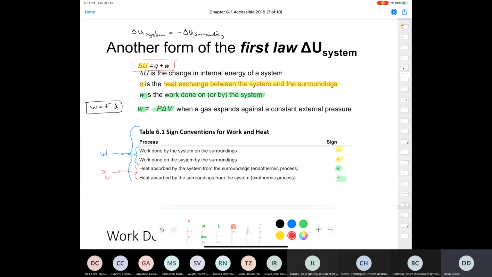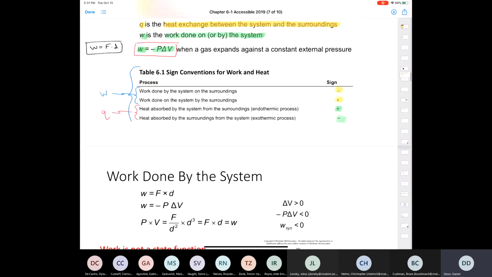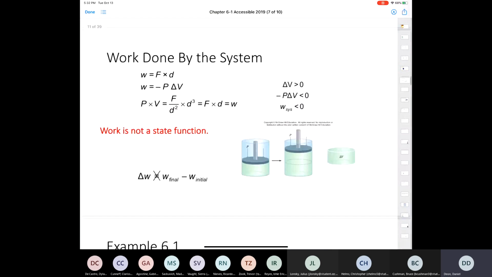And actually, in order for you to understand the sign that you'll get when you use this formula, let's look at work is equal to negative P times delta V first. And I want to tie that in with work is equal to force times distance, for all my students who have studied physics maybe in the past or maybe in the present.